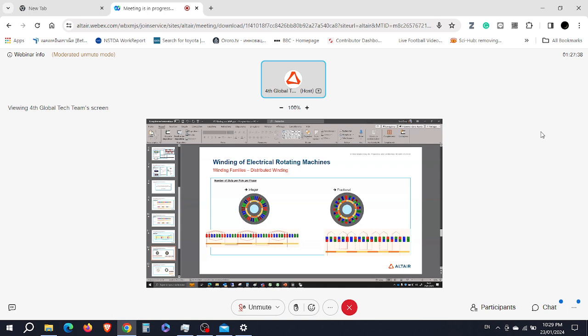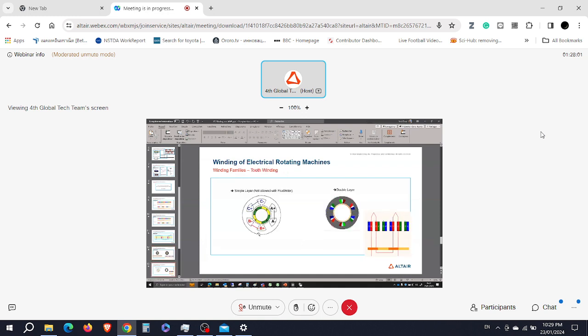And fortunately for us, Flux Motor can propose it and use it automatically. And this is, of course, if we are in this configuration where the number of slots per pole and per phase is not an integer.